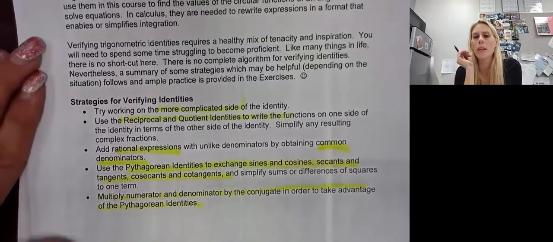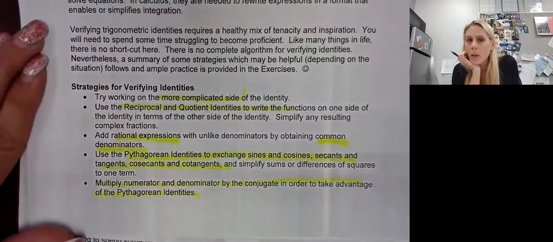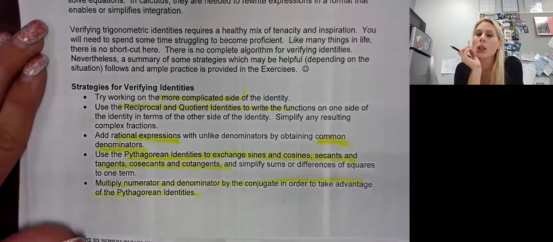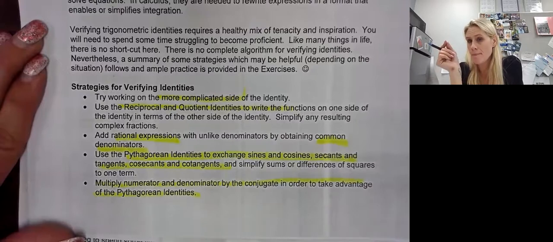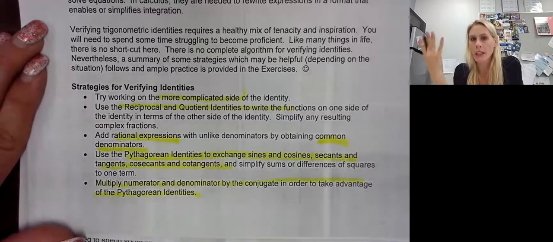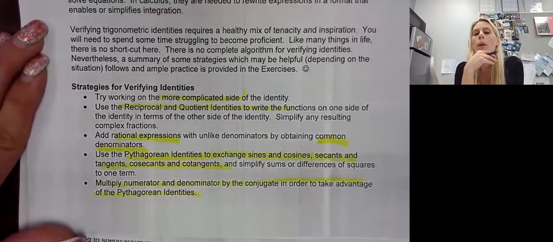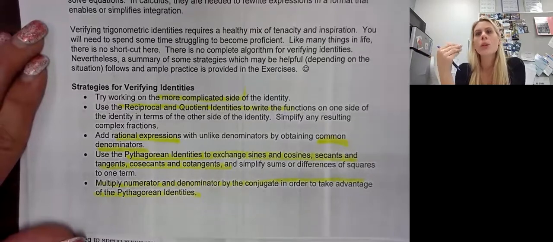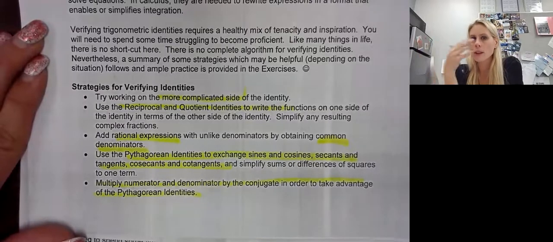So here's a couple of things that I highlighted that will help us through it. When you prove things, it's going to be easier to look at the more complicated side and manipulate that side into looking like the other one. Okay, we have to remember to be writing down our reciprocal identity. So if you don't like using cosecant, use 1 over sine, so on and so on.